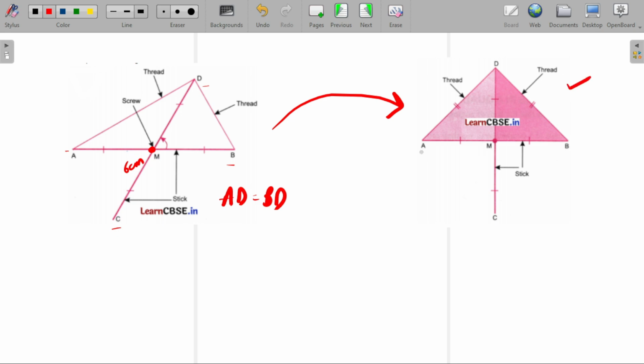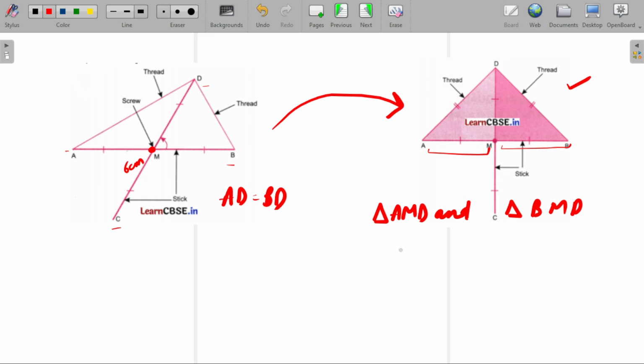Now consider triangle AMD and triangle BMD. These are the two triangles, right? And in these triangles, we have AM equals BM because M is the midpoint, right? MD is common, and right now we already positioned the thread so that AD equals BD.